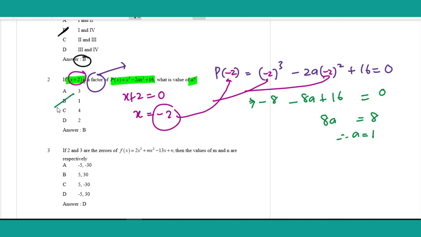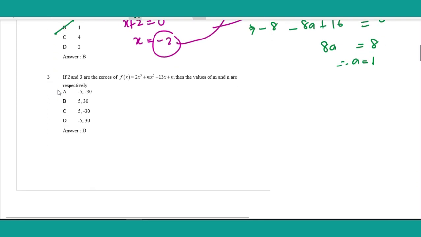This is E. Okay. Number 3, if 2 and 3 are zeros of f(x), this function, then find the values of m and n. Zeros means that when we substitute here, f(x) changes to 0.